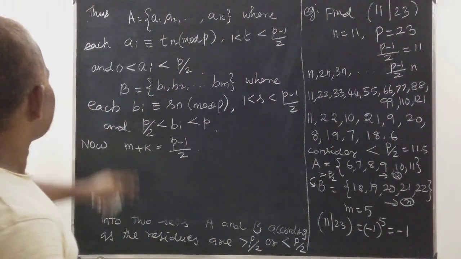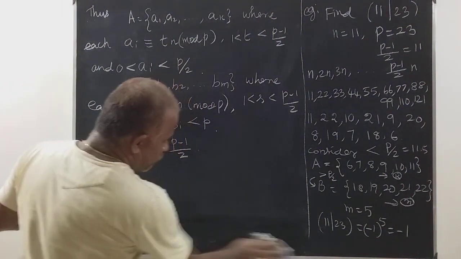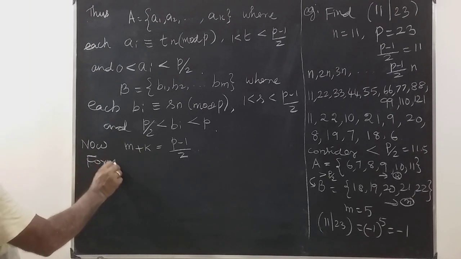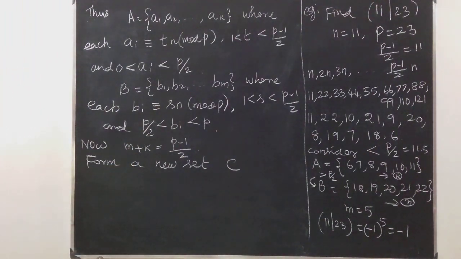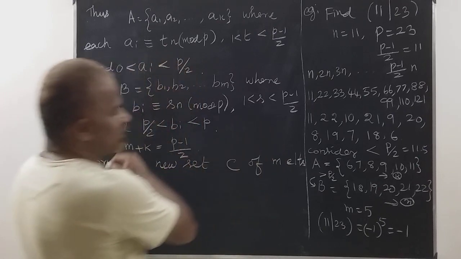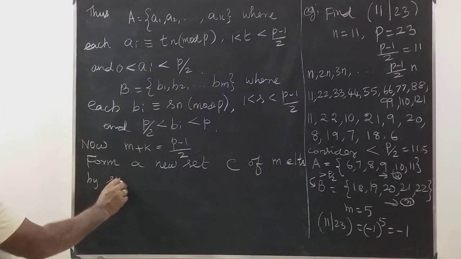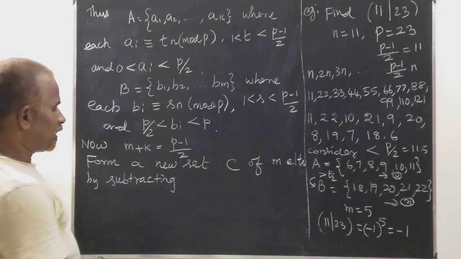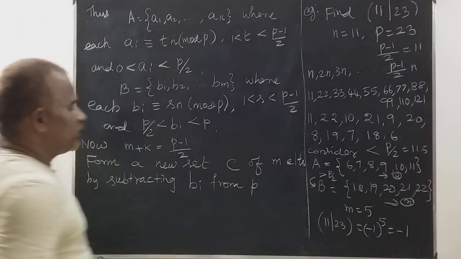Now I am going to form a new set C of m elements by subtracting Bi from p.